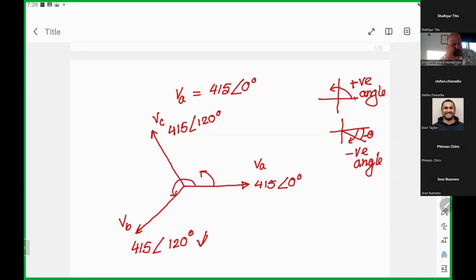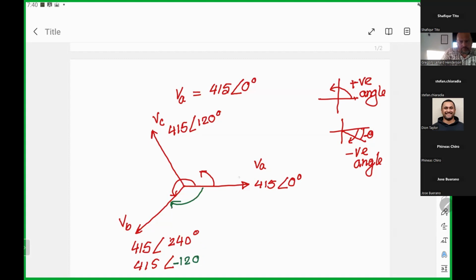So this angle is actually 240, or the same one I can write as 415 with an angle of minus 120, going in this direction.